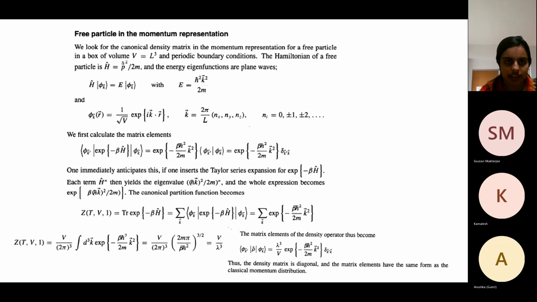That's because your Hamiltonian and your momentum operator commute, so you have the same eigenbasis for both operators. Now if we go to the position representation, just like the other questions we were solving, the matrix elements of the density operator change depending on the basis vectors. So if we move to the position representation, our individual matrix elements of the density operator would change.